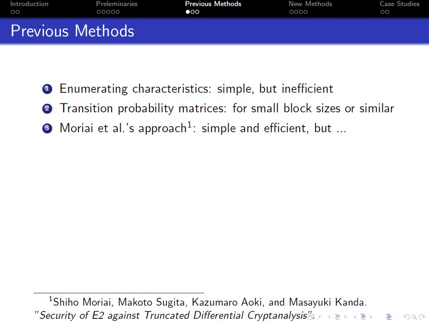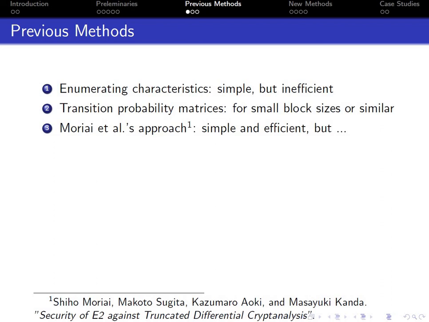There are several previous methods to compute expected differential probability of a truncated characteristic. The first one is enumerating over all the differential characteristics, as I explained for the previous example. This is simple but inefficient. The second method is using matrices of transition probabilities, where for each input difference and each output difference of a round, you compute a matrix in which each element shows the probability of a transition from the corresponding input difference to the output difference.